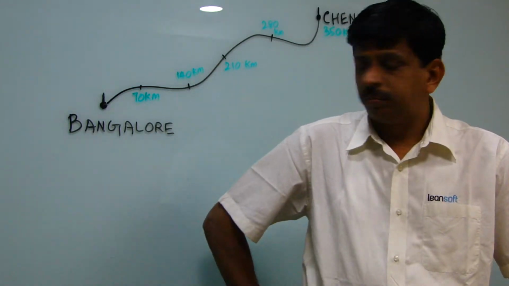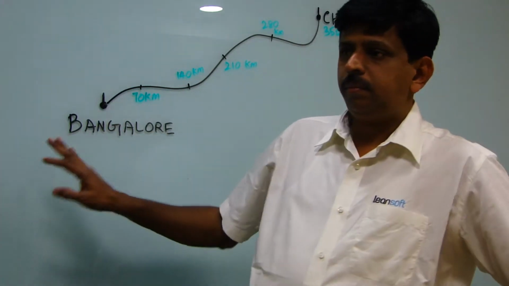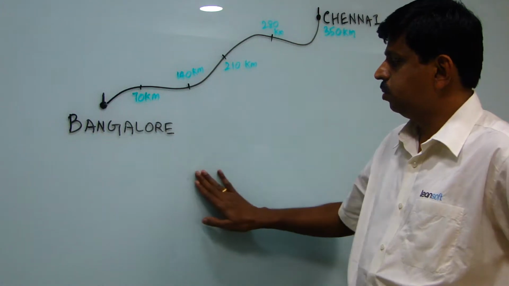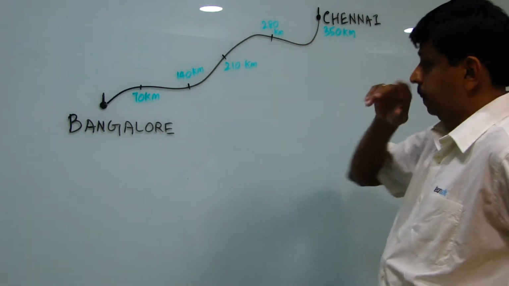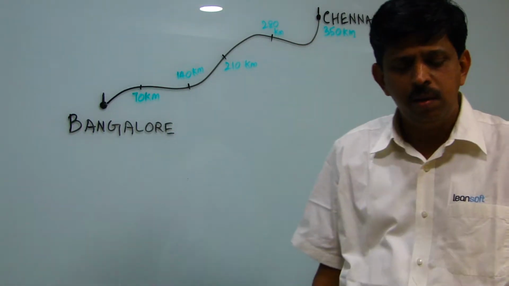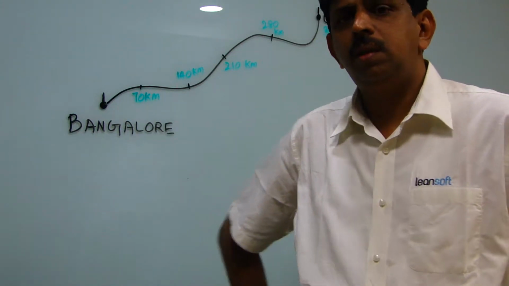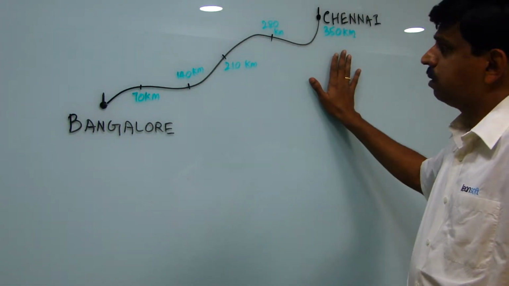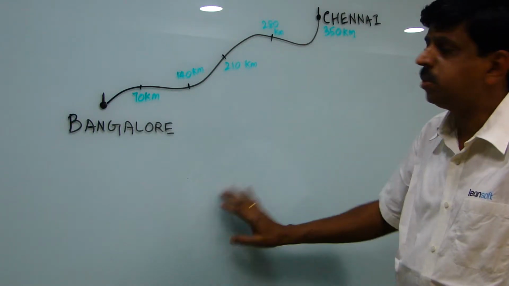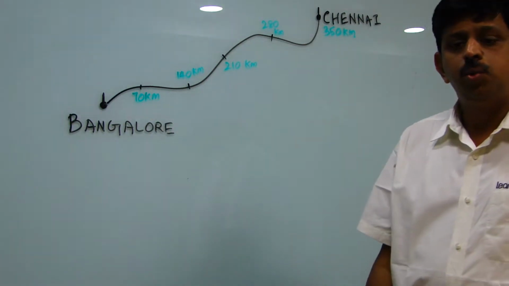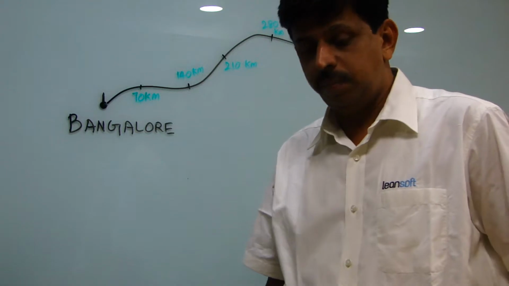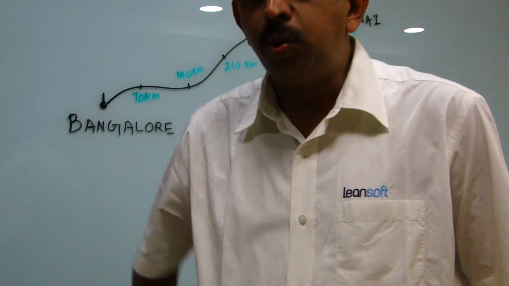So let's take an example, okay? I started driving from Bangalore to Chennai. This is around 350 kilometers away. When I started, it gave me an estimate, saying it's going to take like 5 hours, because on average I'm going to cover 70 kilometers in an hour. Let's take two examples.